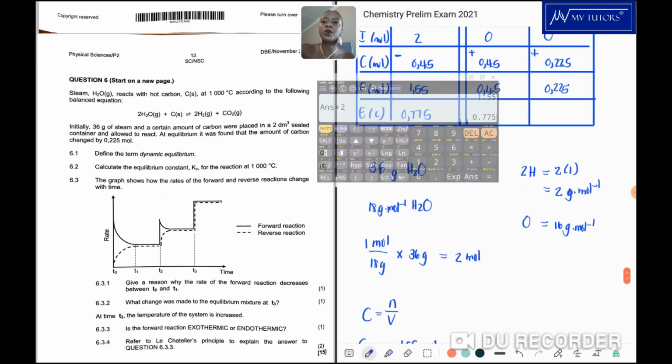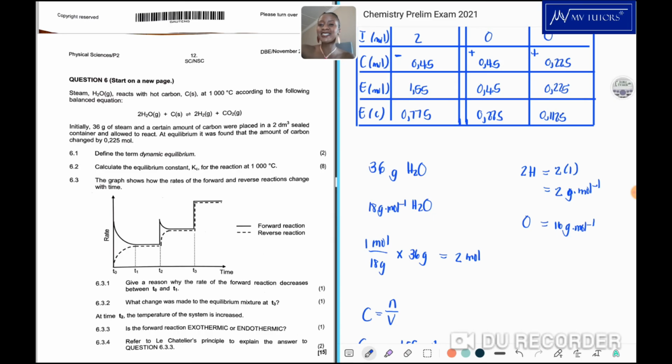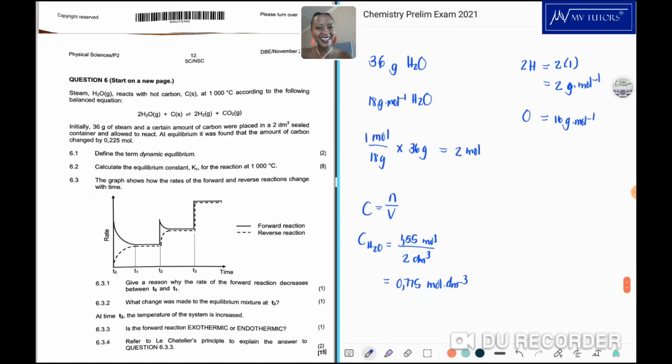So 0.45 divided by 2 is 0.225, and then 0.225 divided by 2 is 0.1125. So we have our concentrations, guys. Wasn't this nice? Well, it's nice if you know what you're doing.